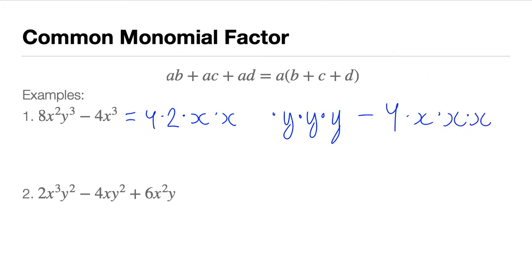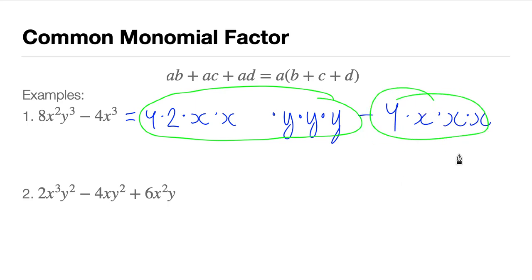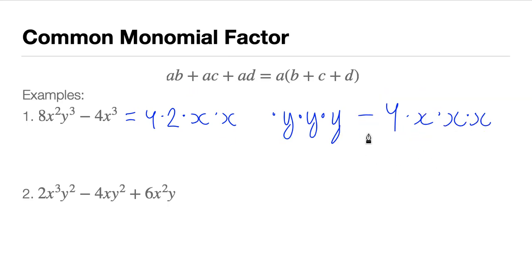What we're going to do here is look at this term and this term and find the common factors between them, the monomials. We can clearly see that both of them have 4s, so that's a common number.